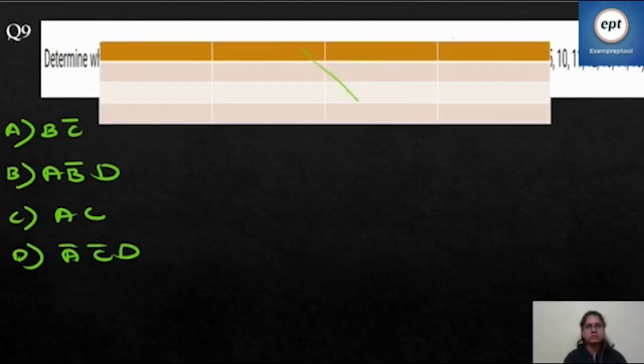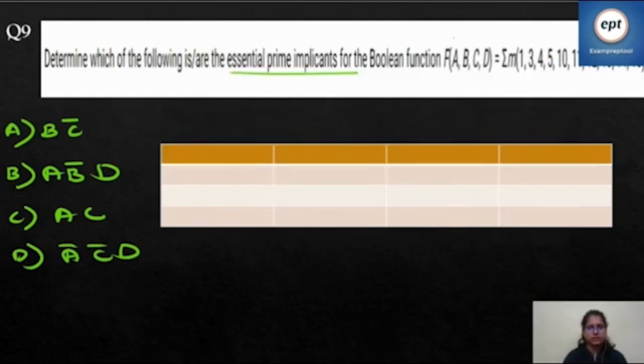Okay, so this will be the K map for us. Now let's write here. It will be AB on one side and CD on the other. It will be 00, 01, 11, 10.